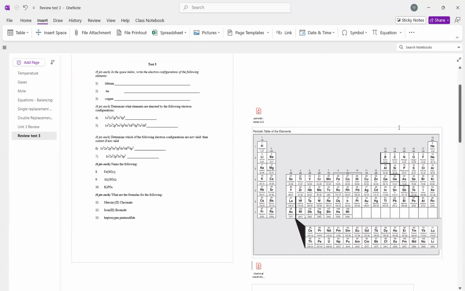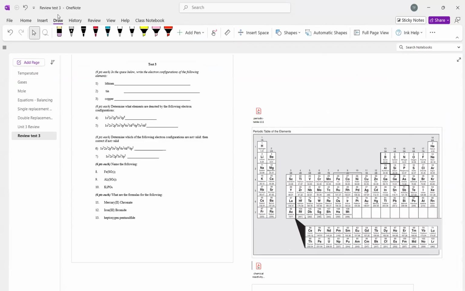Okay, so lithium is located right there. So you're looking at 1s2, 2s1.